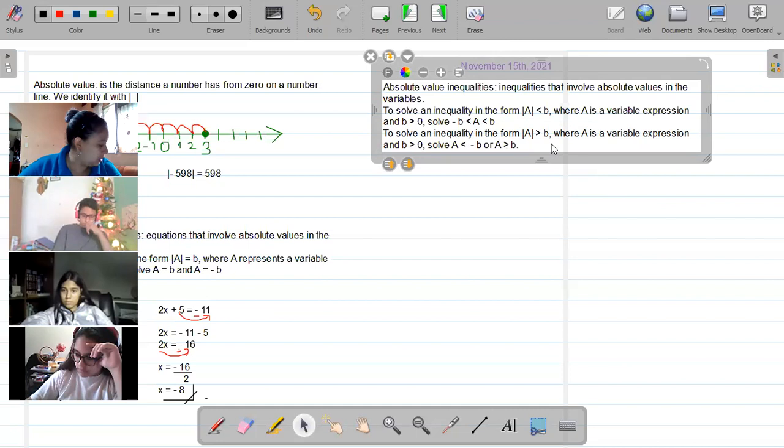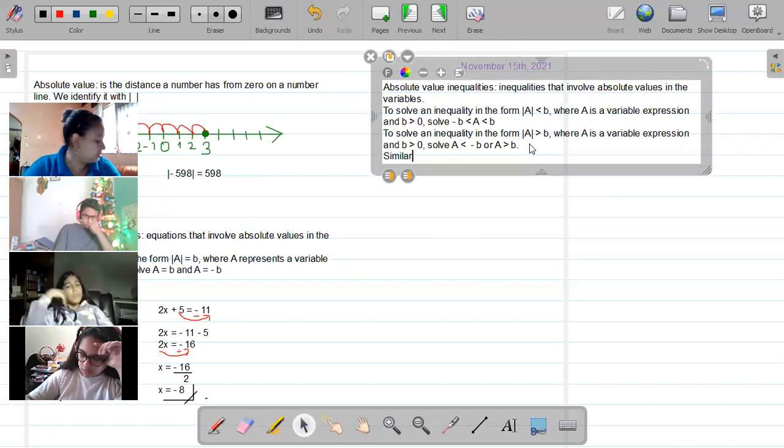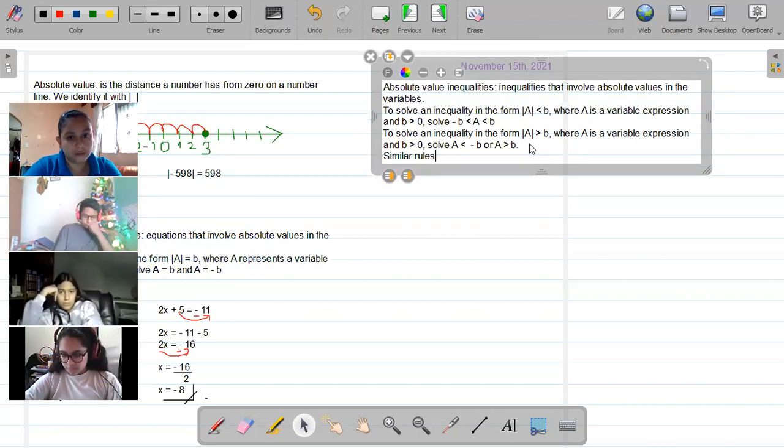Similar rules will apply if it's less than or equal or greater than or equal, okay? If this was less than or equal, or if it was greater than or equal, similar rules are true or apply, okay?